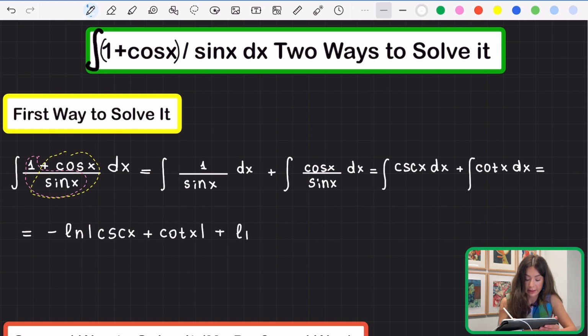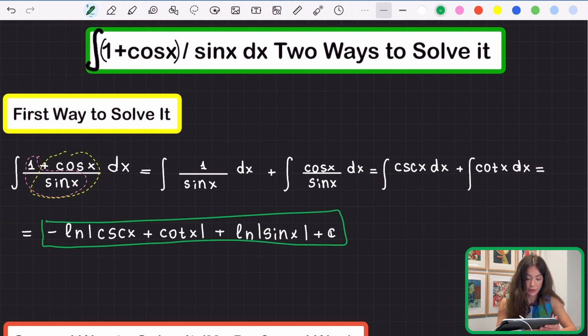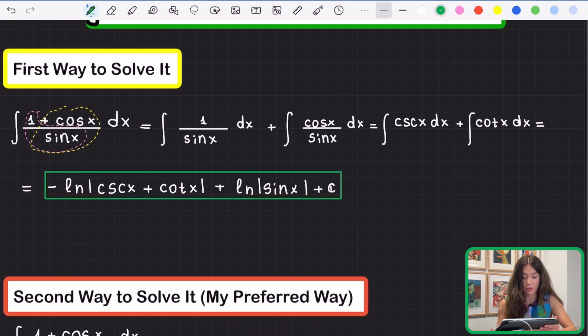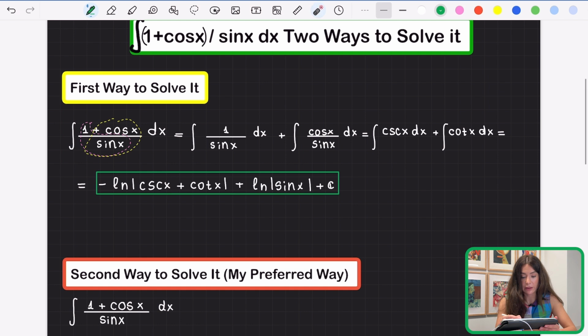Plus ln of sine x. Let's box that answer. So we have the answer to this integral using this first way.